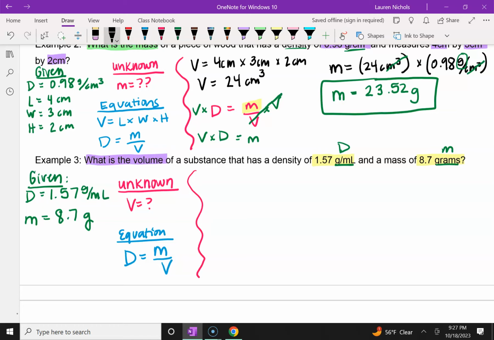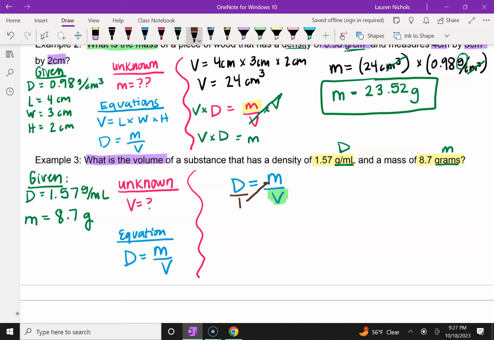So what we're going to do is rearrange that formula. If we know that density is equal to mass over volume, and what we want to find is volume, the first thing we have to realize is that it's at the bottom of a fraction. So we need to get rid of that fraction by putting density over 1 and cross multiplying.